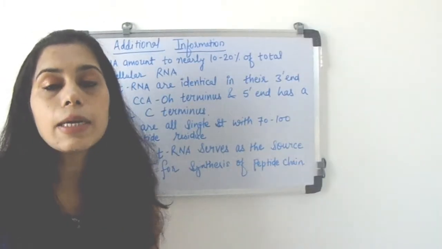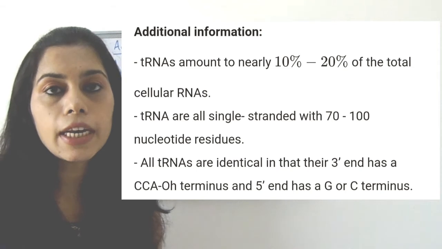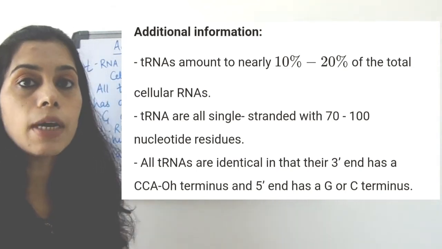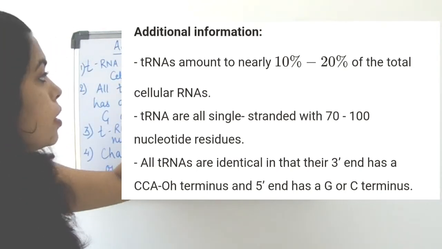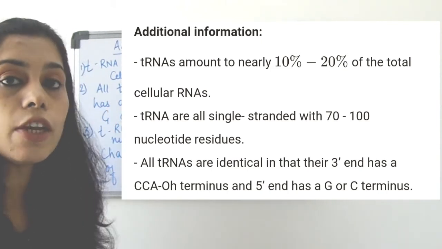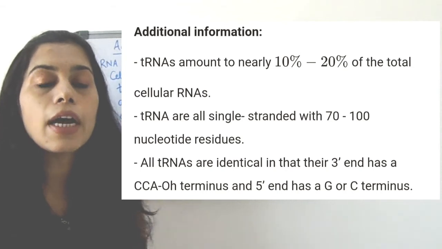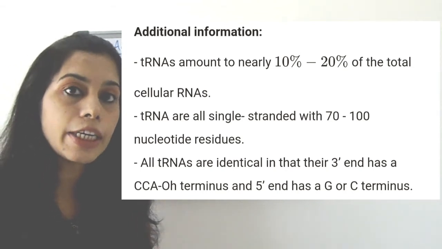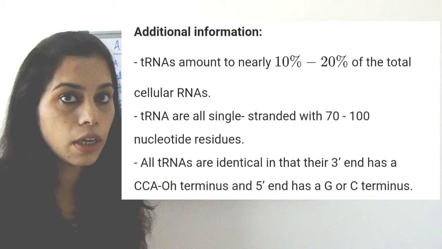Let's study some additional information of tRNA molecule. The total amount of tRNA is nearly 10 to 20% of total cellular RNA. मतलब total RNA का 10 to 20% tRNA होता है.